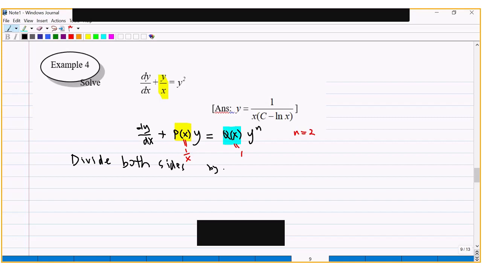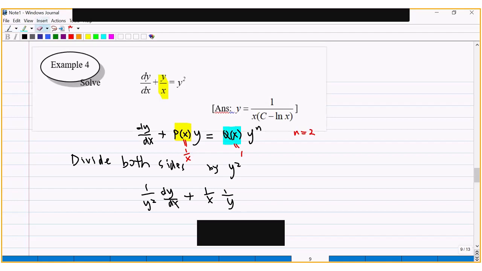So when you divide both sides by y squared, you get 1 over y squared dy dx, then y divided by y squared, you get 1 over x and 1 over y. 1 over y is y power minus 1.